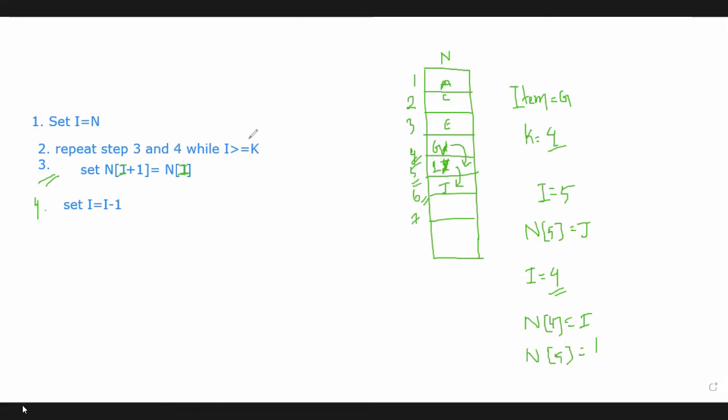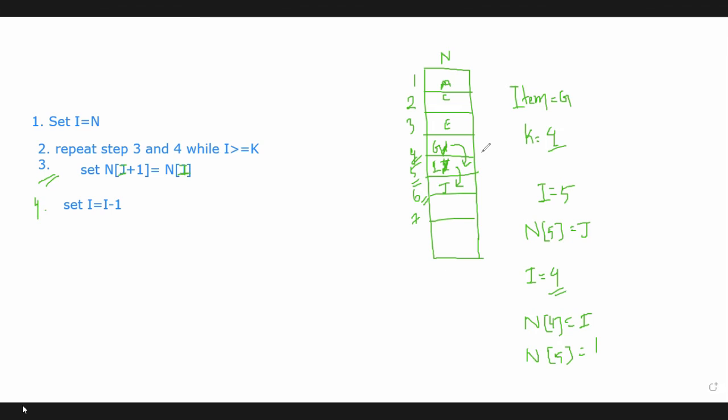And k is the position where the new item will be inserted. So now we can repeat step number 3 and 4. Step 3 is if the condition is true, then shift this ith data item to which position? I plus 1. Right? We can continue this process how many times? Until this condition is true.